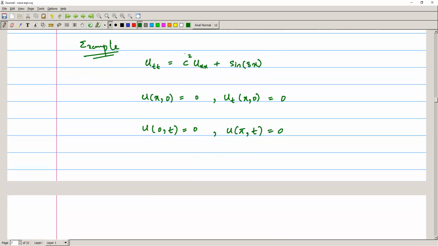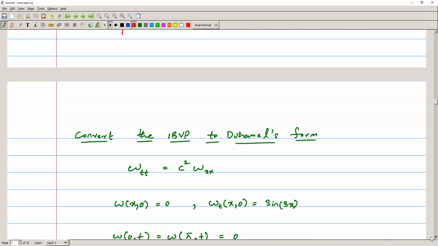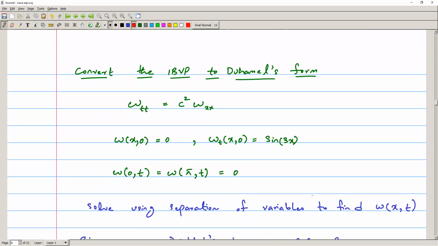Here the question is given: u_tt is equal to c squared u_xx plus sine 3x. And we can see that the initial conditions are 0, 0. The boundary conditions are also 0, 0. So this is the simplest problem. We will split this problem. We'll convert the initial boundary value problem to Duhamel's form.